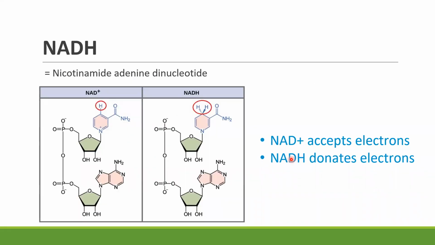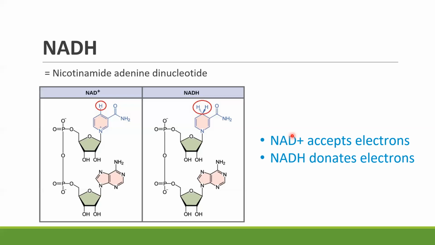NADH is nicotinamide adenine dinucleotide. Here you can just memorize NADH and NAD plus. What's the difference between them? NAD plus needs electrons to give that hydrogen. So when something needs electrons, we say it accepts the electrons.